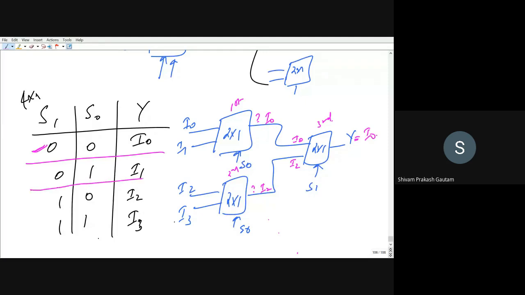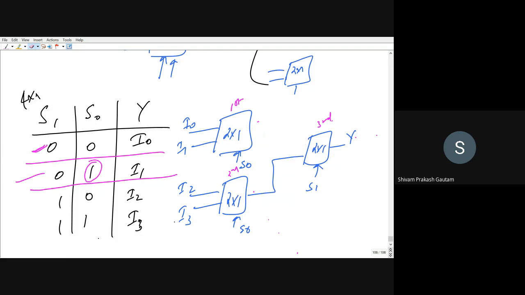Second case, let me just rub this quickly. If you see from this, when S1 is 0, that means I0 is flowing here. Sorry, in the second case, S1 is becoming 1.